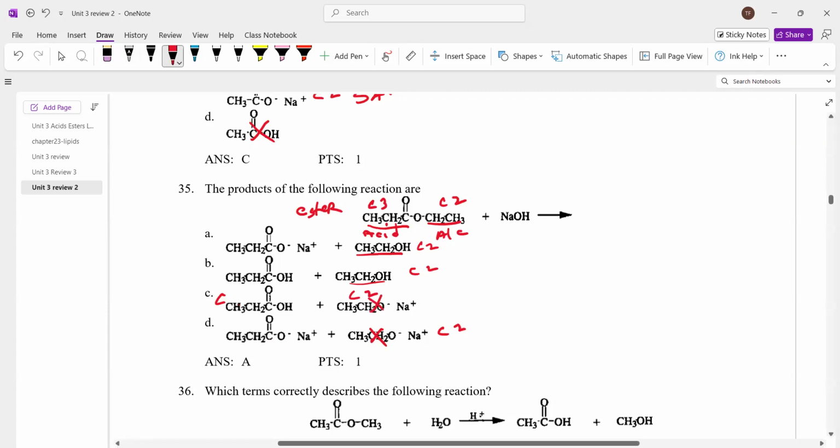So the only alcohols are these two, and those both work. And because it's an alkaline solution, we have saponification. So that gives the salt plus the alcohol. That's not.